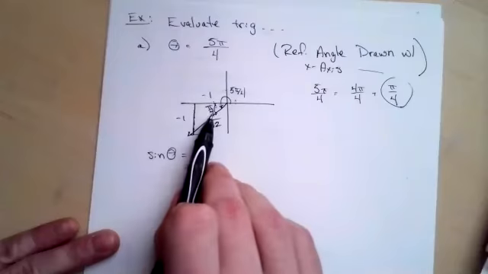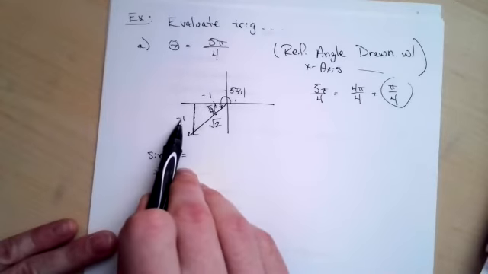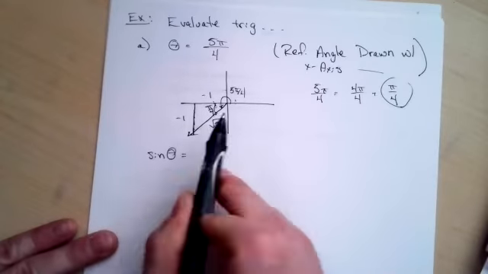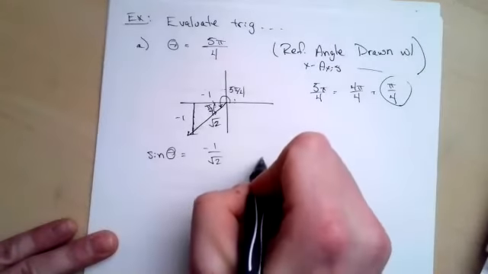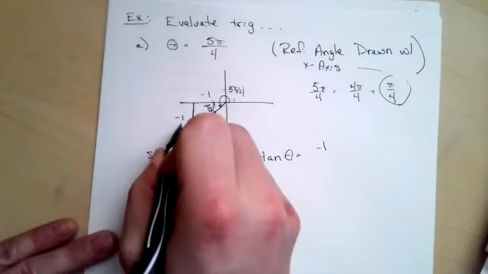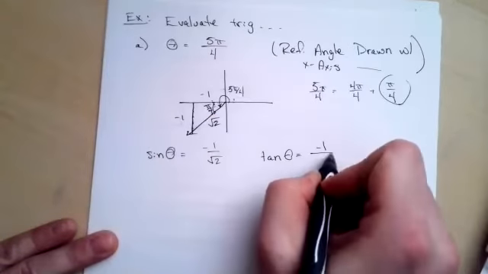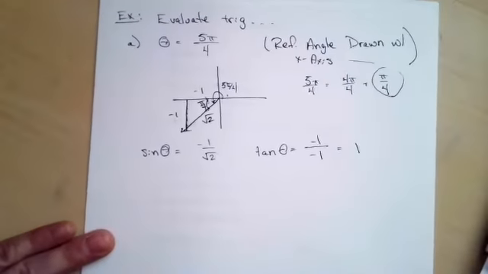So our sine of theta is going to be the y value over the hypotenuse, or the opposite side over the hypotenuse. So we will have negative 1 over root 2. If we want to do tangent of theta, we're going to have negative 1, opposite side over the adjacent side, or y over x. And so our tangent theta is 1.